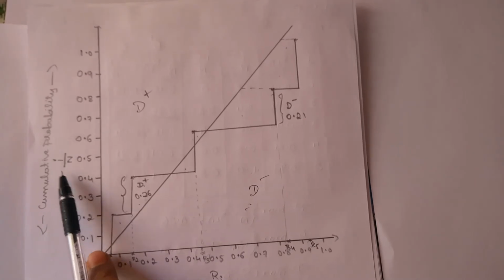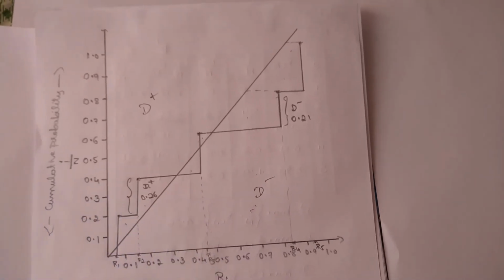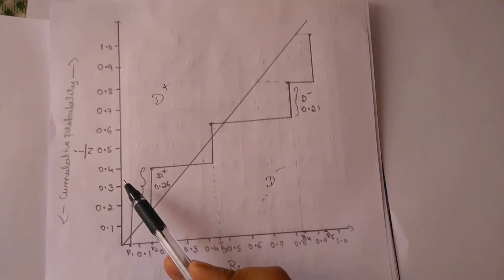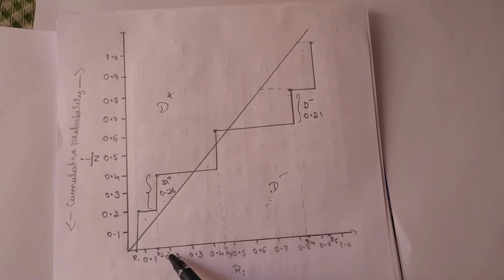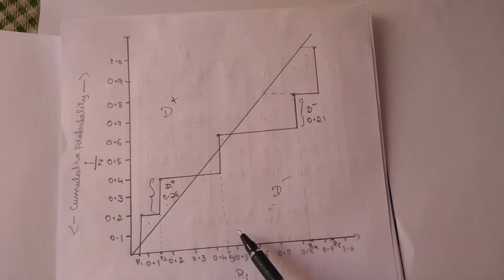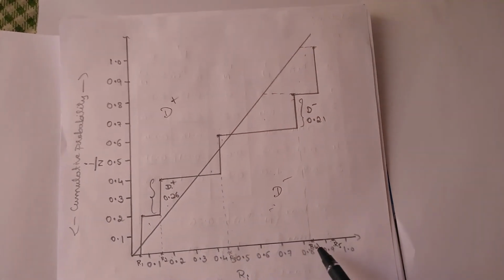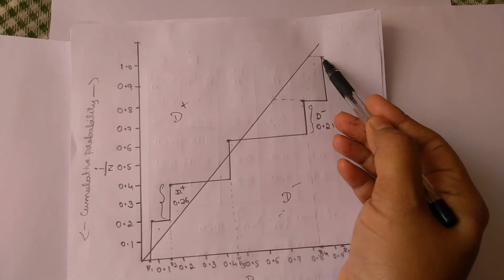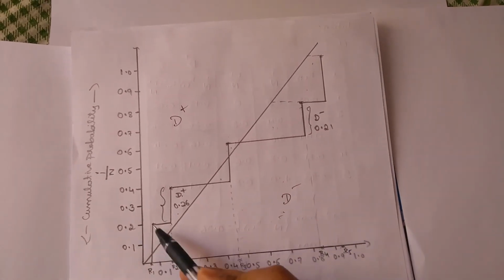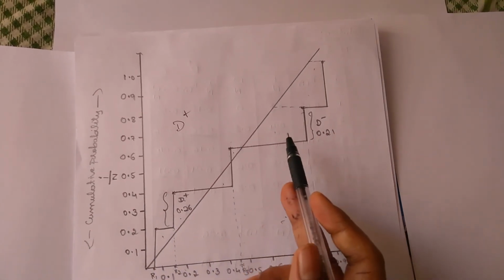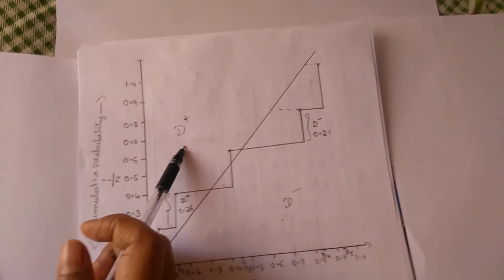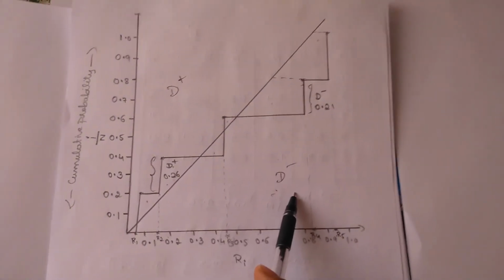Both the values we know: i divided by n and Ri, that is random number 1, that is 0.05. I'll take this and it is 0.2, then R2 to 0.4, then R3 to 0.6, then R4 to 0.8 and R5 to 1.0. You have to just join all these things like this, and now you have to find out D plus and D minus. We'll take the upper part as D plus and the lower part as D minus.